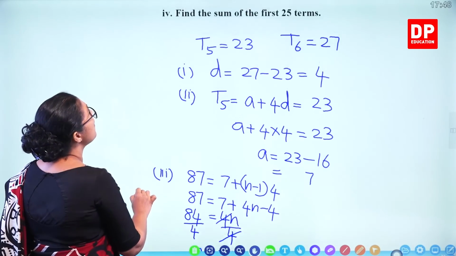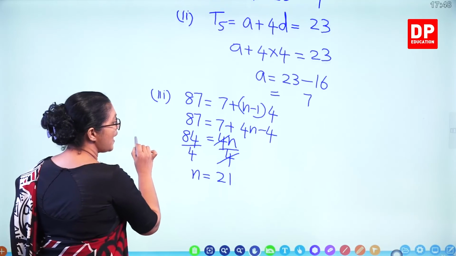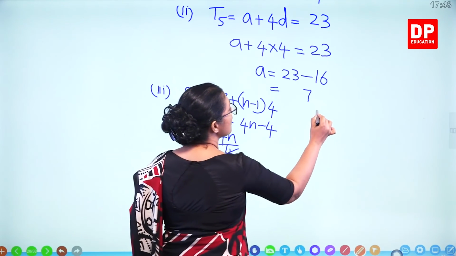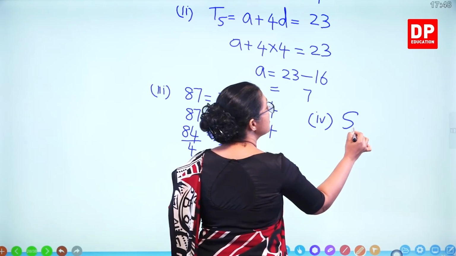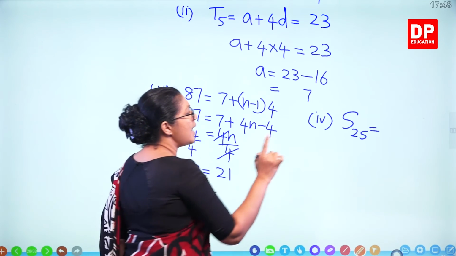So what's the fourth part? Find the sum of the first 25 terms, S25. Fourth part, we need S25. So how do you find S25? What's the formula? n over 2.